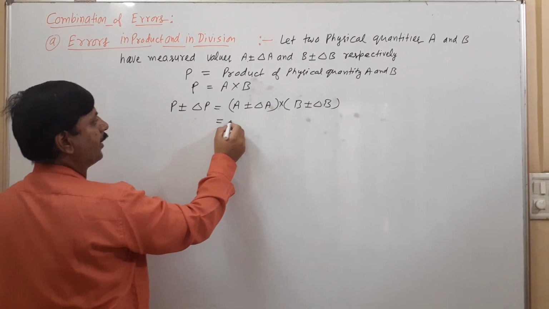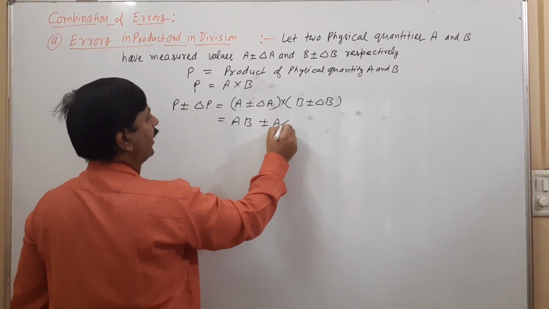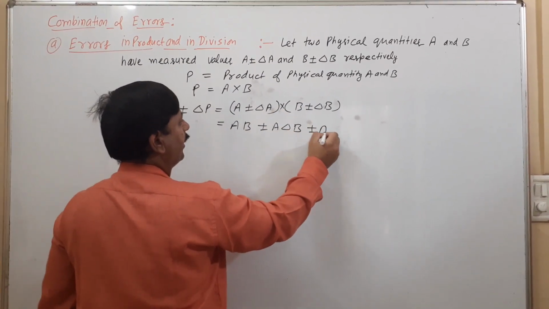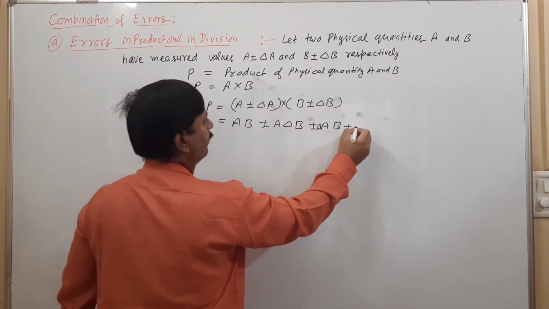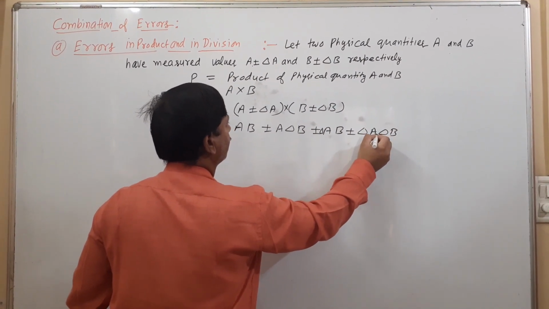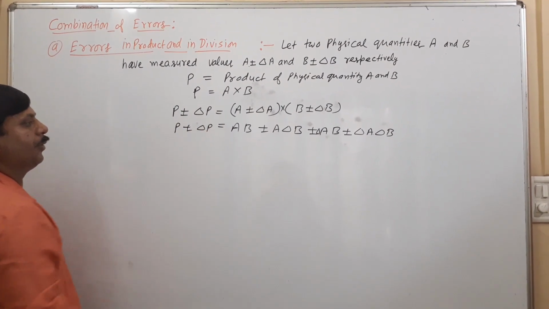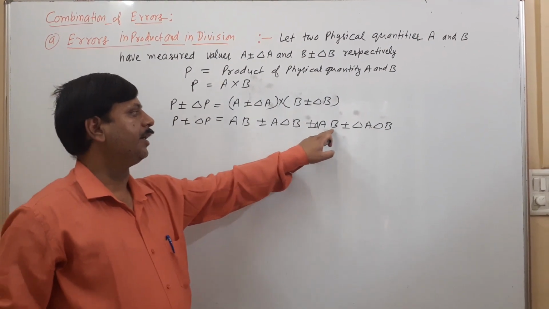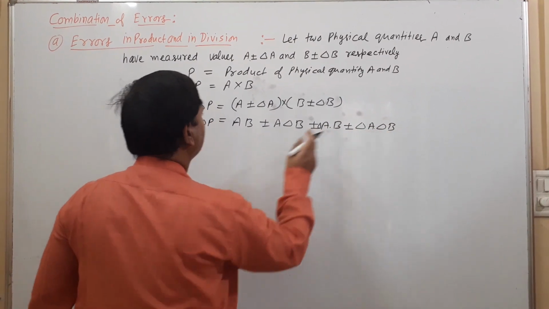Multiply here A into B, plus minus A del B, plus minus del A into B, and plus minus del A into del B. See here, P plus minus del P is equal to AB plus minus A del B, plus minus del A into B, plus minus del A into del B. See here, this last term is very small.